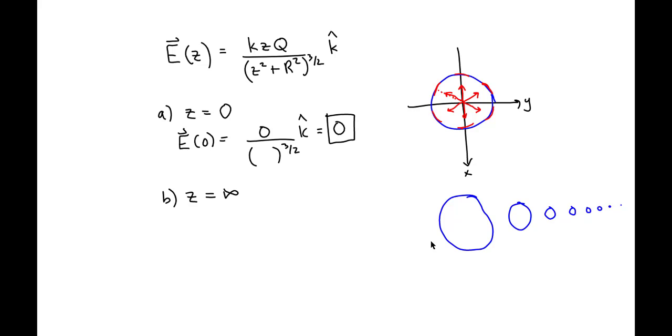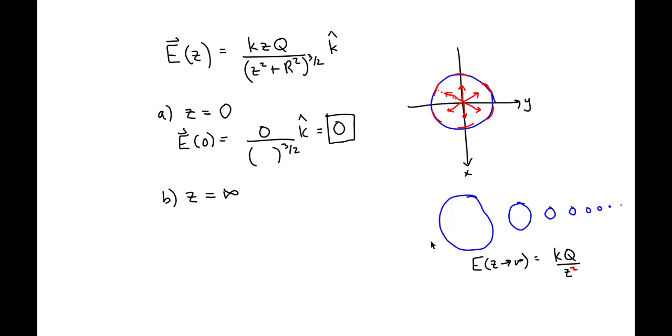So my expectation is when Z goes to infinity, when we get very far away, the electric field is going to look like the electric field of a point charge.